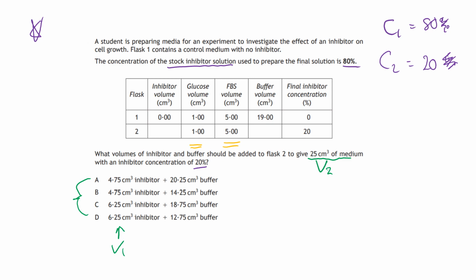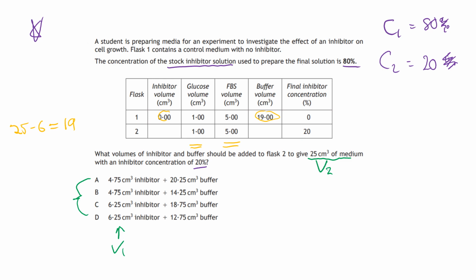Then we've got everything else. So that gives us 25 minus 6 is 19. So our total volume of inhibitor and buffer has to be 19. And we can see that from experiment 1, where the total of the buffer and the inhibitor was 19. This will allow us to eliminate some of the options because the volume is too high.